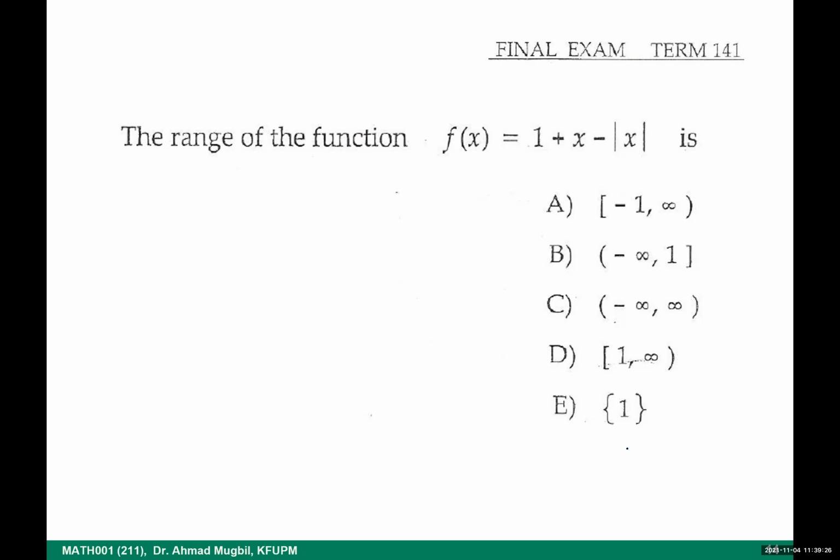X greater than 0? Who said that x is greater than 0? Aha, now you are working. Excellent.